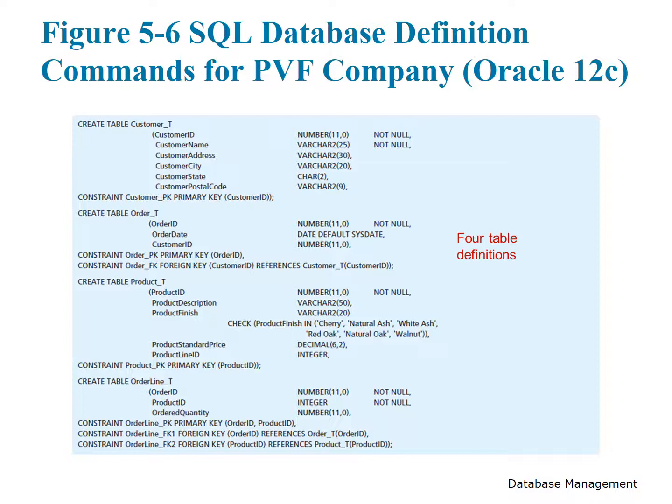Unique and primary key are both column constraints. Note that a table with a composite primary key, the order line table, is defined in Figure 5-6. The order line primary key constraint includes both order ID and product ID in the primary key constraint.